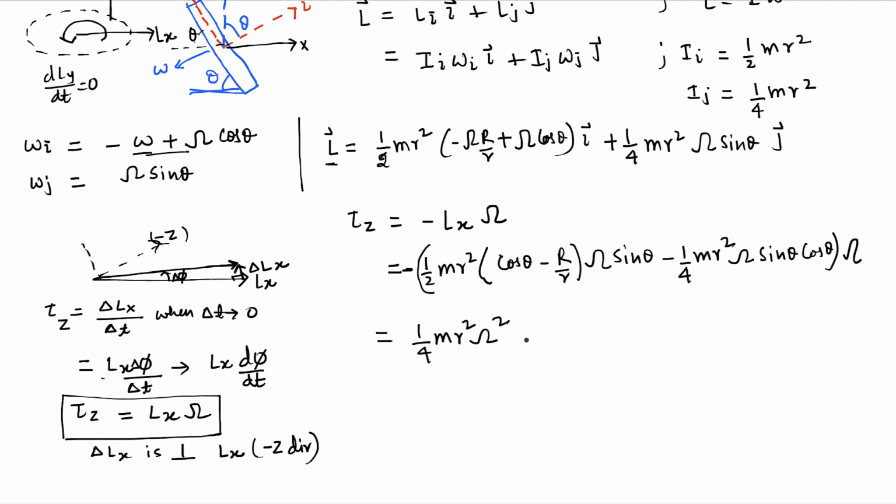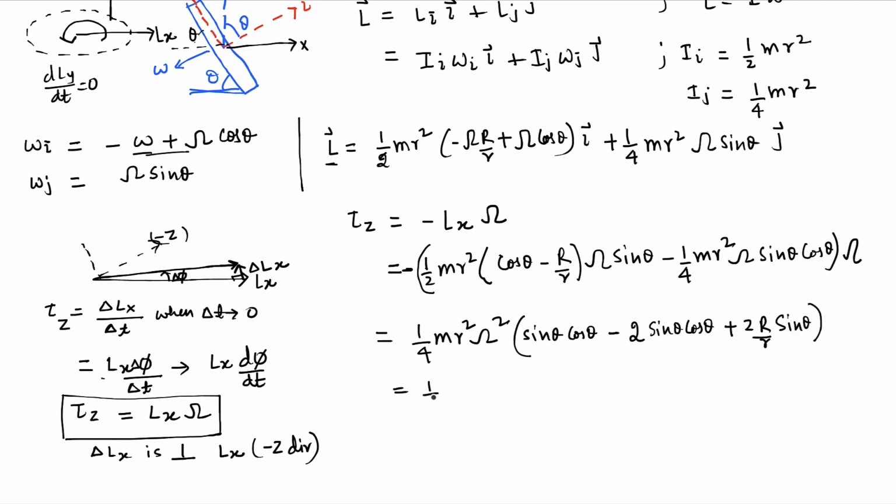Okay, so let's take this as common. Sine theta cos theta, okay, minus 2 sine theta cos theta and plus 2r by R sine theta, right?